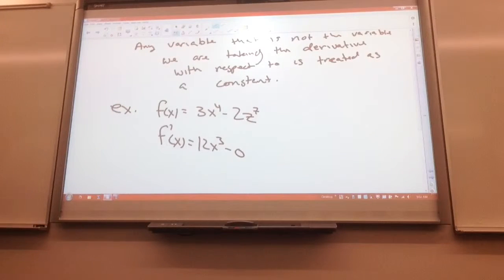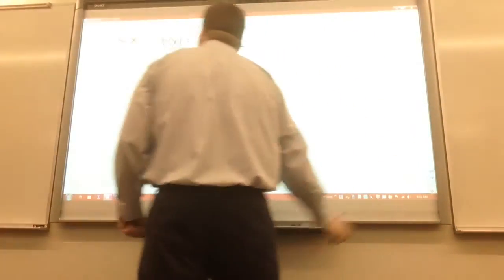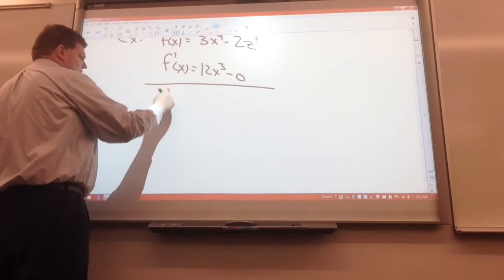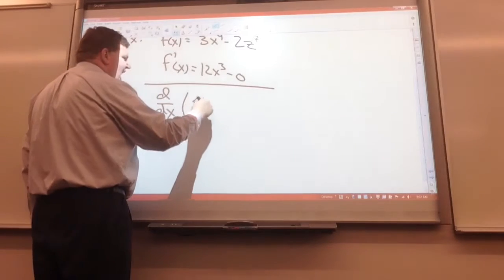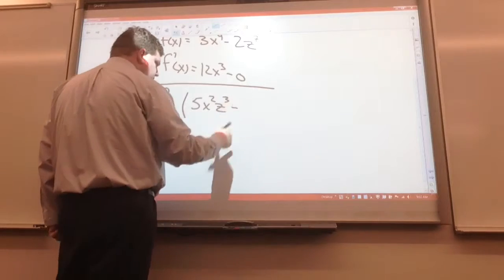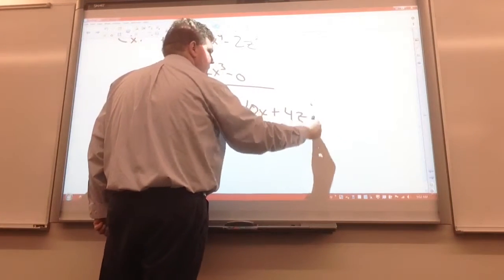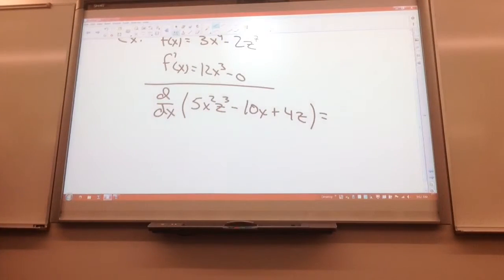Another example, just to hit home the idea that it's treated as a constant. Let's say I do the derivative with respect to x of 5x squared z to the third minus 10x plus 4z. The 4z at the end goes to 0, and the minus 10x just becomes minus 10.